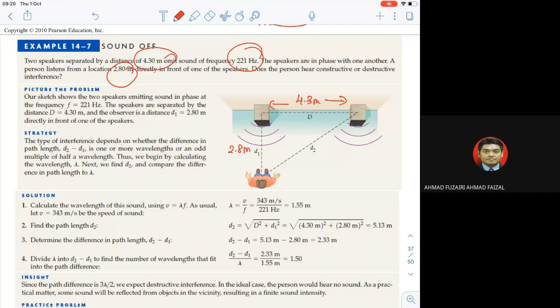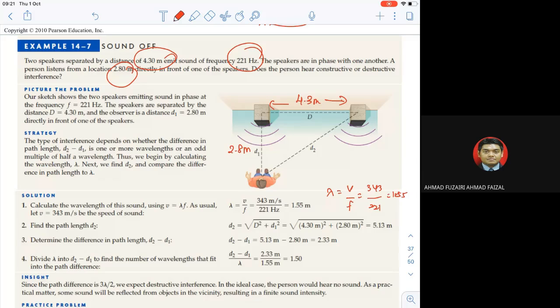Okay, so using v equals f lambda, we need to find lambda equals v over f. What is v? Speed of sound is 343 divided by f, 221. So you will get 1.55. So the lambda is 1.55.